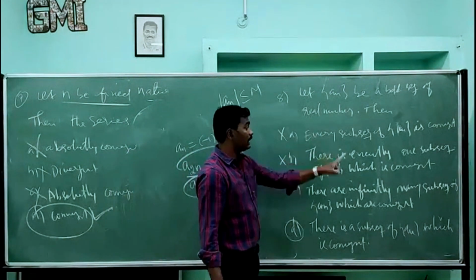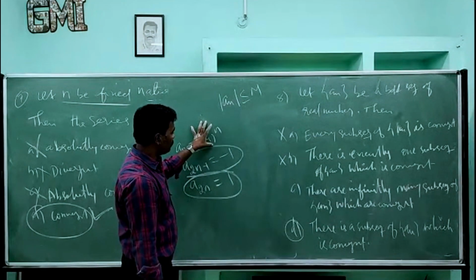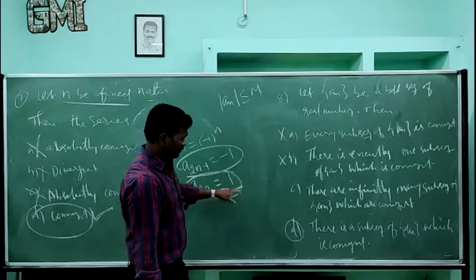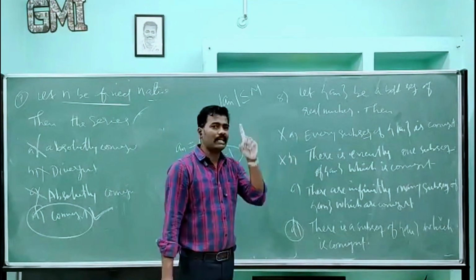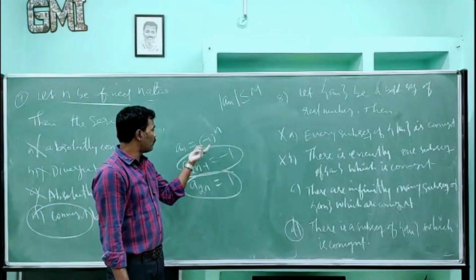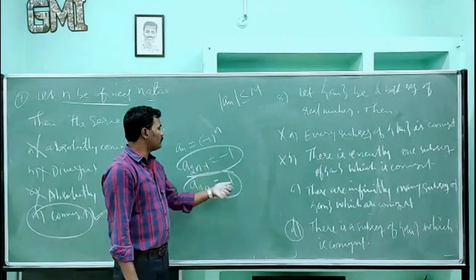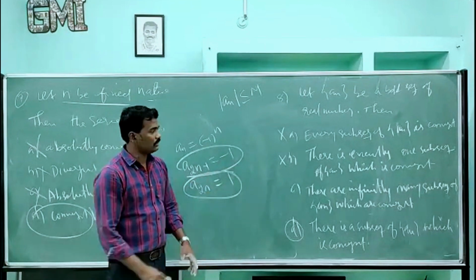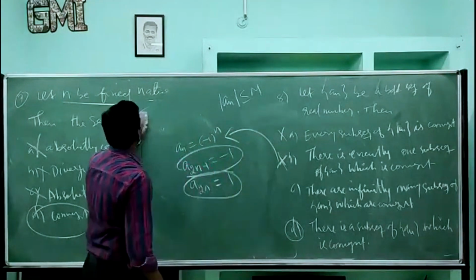Option B says there is exactly one convergent subsequence of a_n. But I have a bounded sequence which has two convergent subsequences. So option B is false because of this counterexample: the even subsequence 1, 1, 1 is convergent, and the odd subsequence -1, -1, -1 is convergent. So option B is not always true.